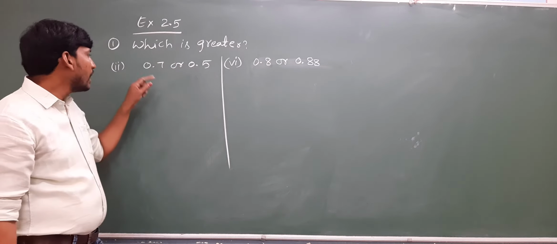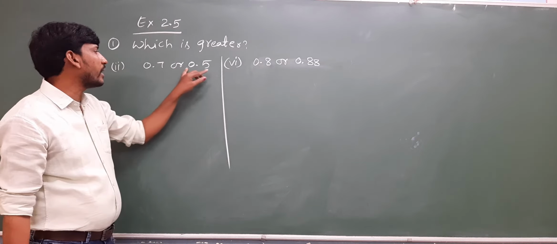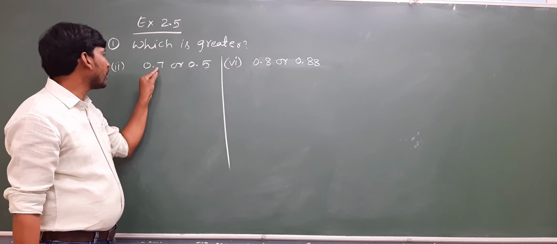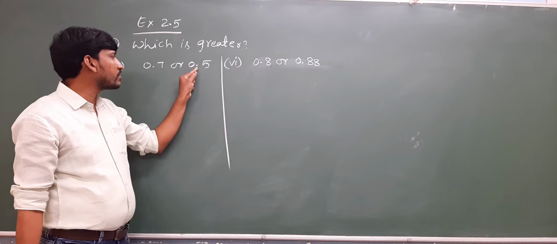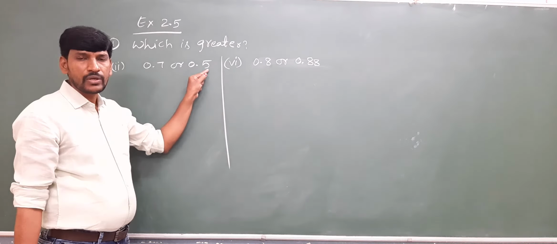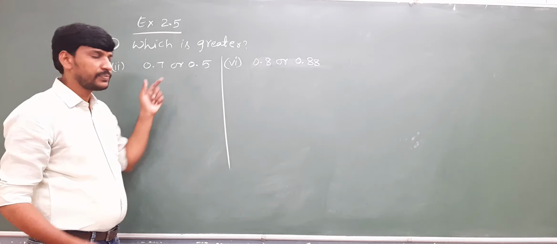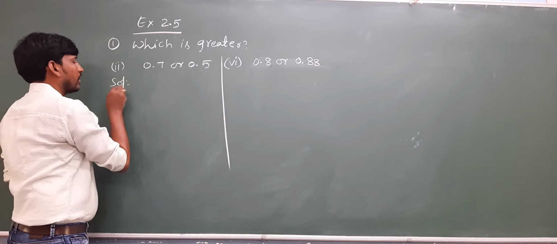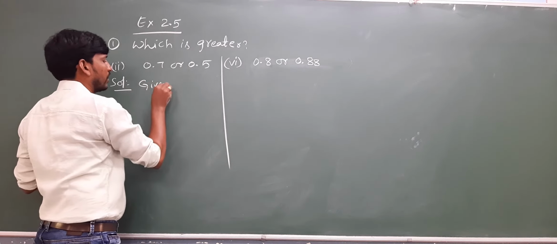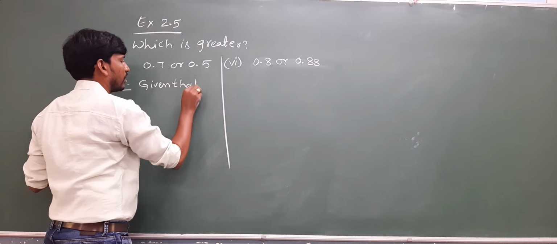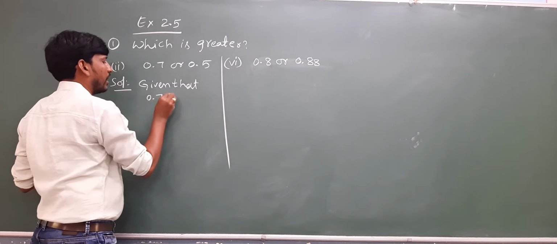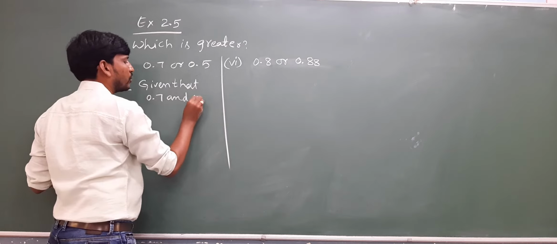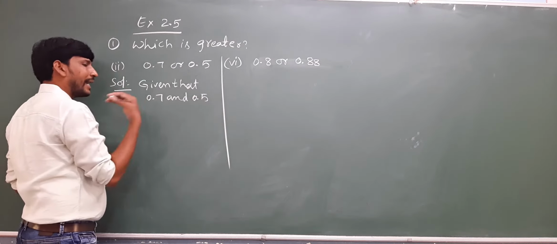Like decimals means after the decimal how many place values are there. See, here after the decimal one value is there, here also after the decimal you have only one value. So both are like decimals. Now how to compare these two? See this here, solution. Given that 0.7 and 0.5 are two like decimals.